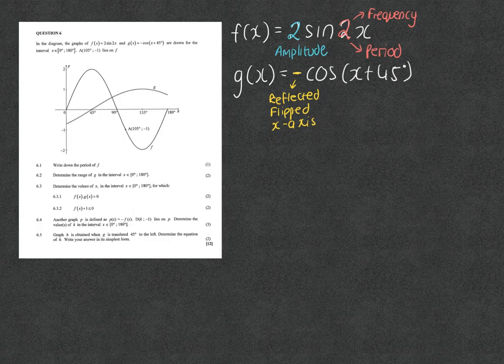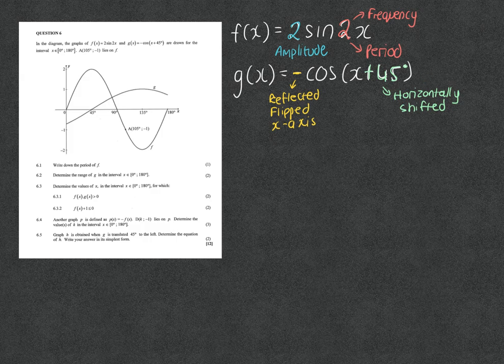Okay, and then this over here means that this has been horizontally shifted, and more specifically horizontally shifted 45 degrees to the left. Remember, plus means left and minus means right. It's counterintuitive with the horizontal shifting, but when it comes to plussing and minusing for the vertical shift, plus is up and minus is down.